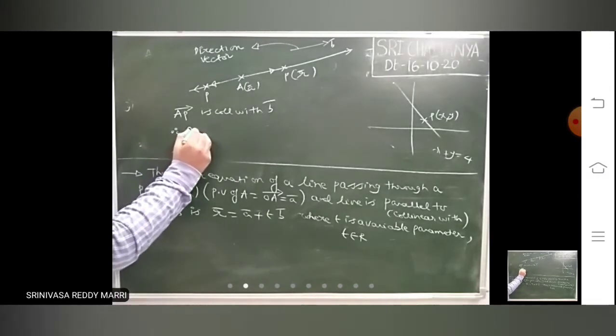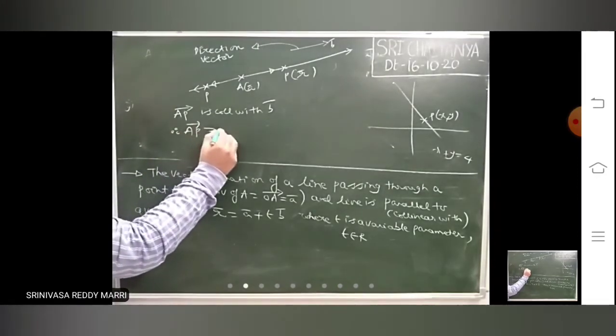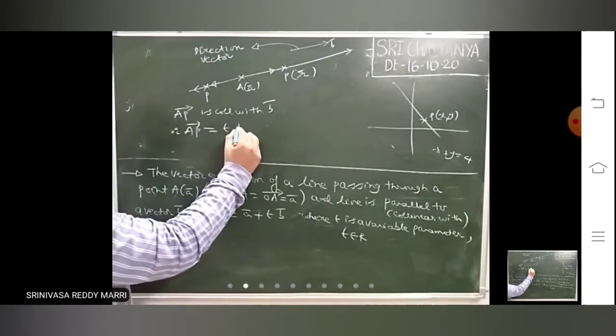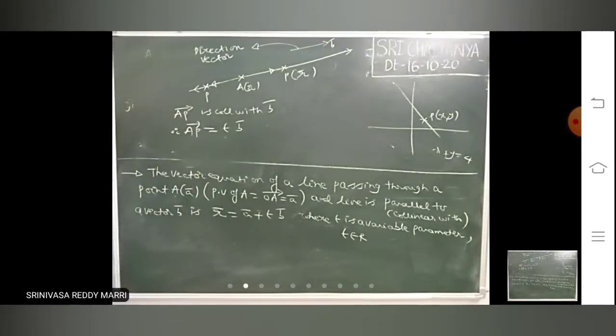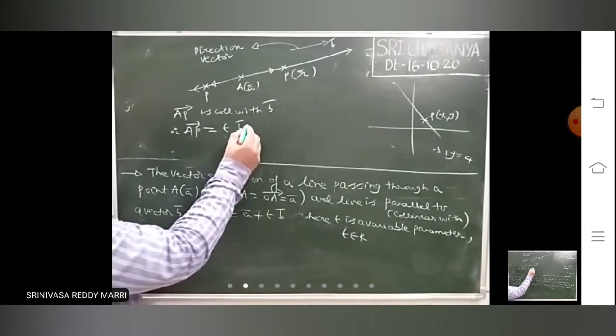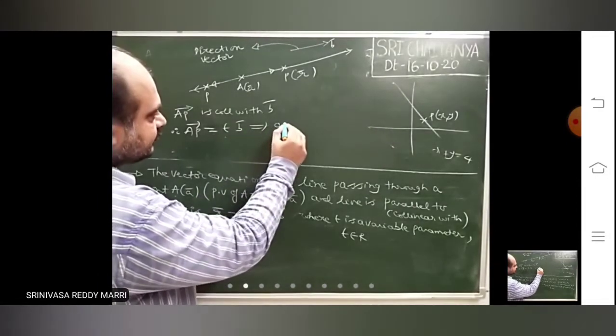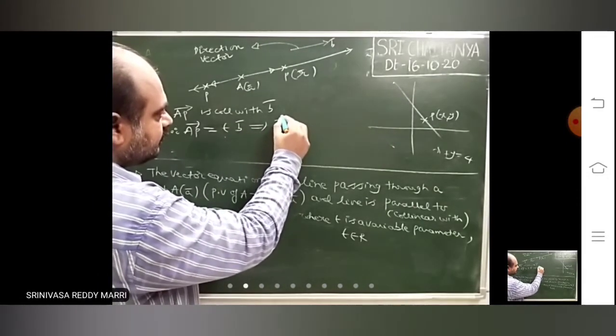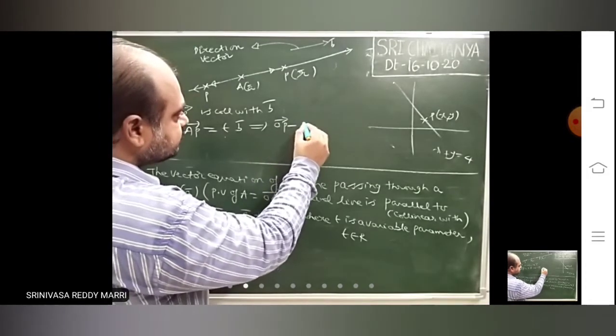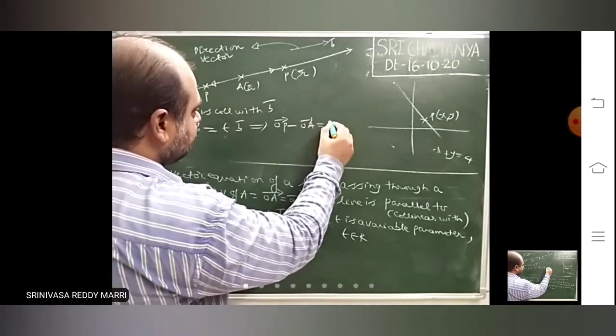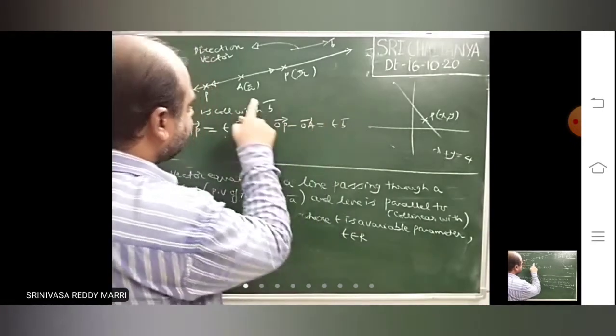Therefore, collinear means this vector equals some constant times B bar. When two vectors are collinear, one vector equals some constant times the other vector. That means OP bar minus OA bar equals t B bar.